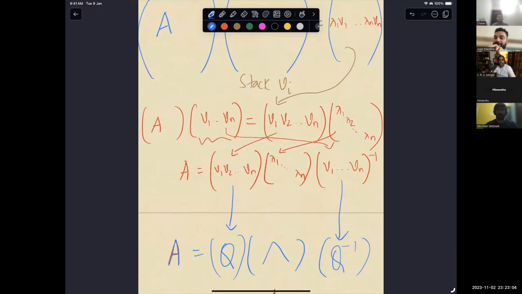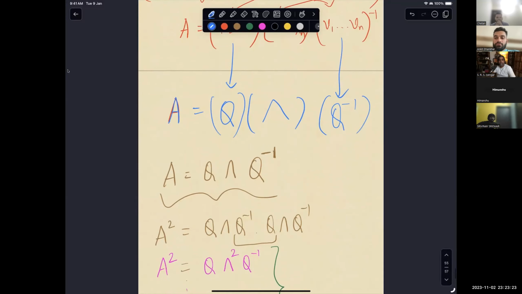I don't want to see this lambda times v1, lambda times v2. It makes my head just go round and round. So what I'll do is I'll keep my eigenvectors separate and I'll pull out those eigenvalues from that.